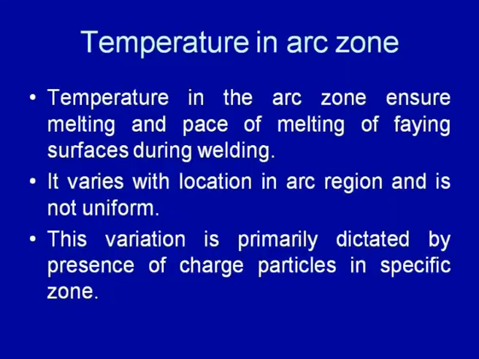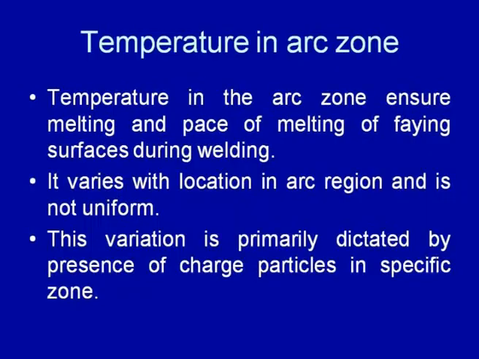So, this is what we have seen, that the arc characteristic is affected by the arc length, but these changes in the arc characteristic also affect the kind of heat which is generated in the arc zone, and the difference in the heat generation leads to the variation in temperature of the arc and the temperature of the different zones in the arc.